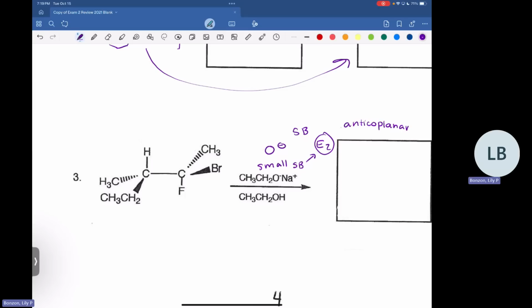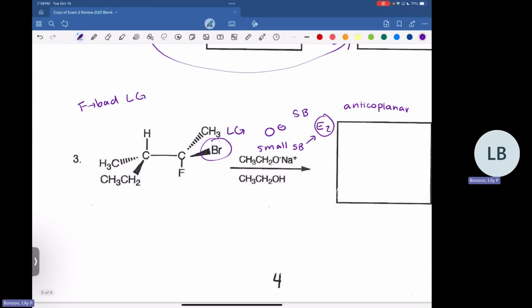Fluorine is actually considered a bad leaving group. This is just because it's so small. It's the smallest atom on the periodic table, I think, aside from hydrogen. So since it's so small, it's not going to be a good leaving group. But we do have bromine, so we can use that as our leaving group. But since it's not anti-coplanar yet, we're going to have to rotate the bond.